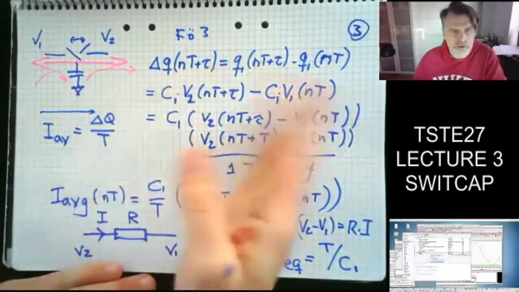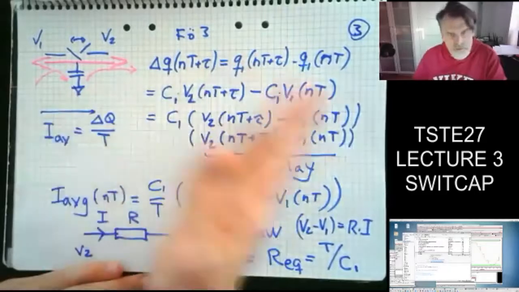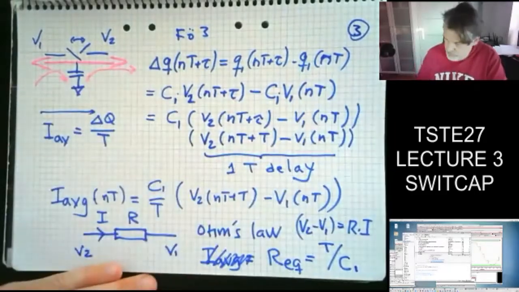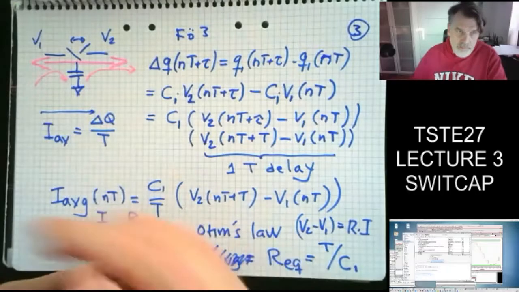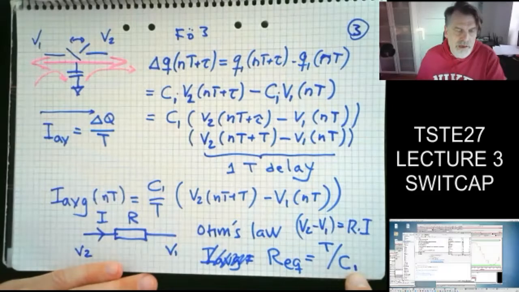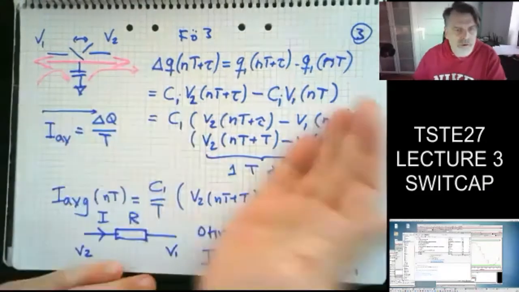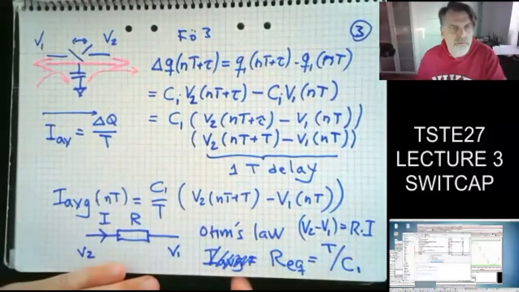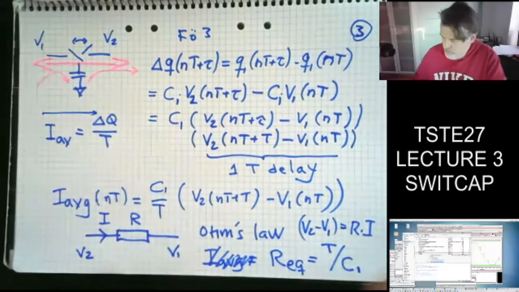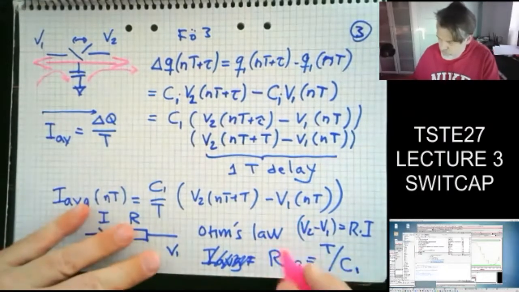So during each period only a small amount of charge is transferred. If T is a large number, I have a long time to move the charge. And the larger capacitance C1 I have, the more charge I can bring into the plates for a certain voltage. So that would give me a lower resistance. So this is sort of logical in this sense.